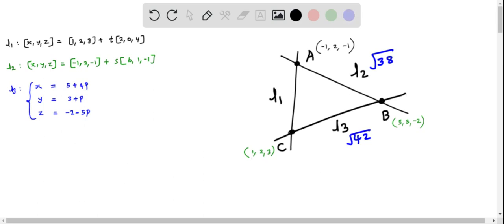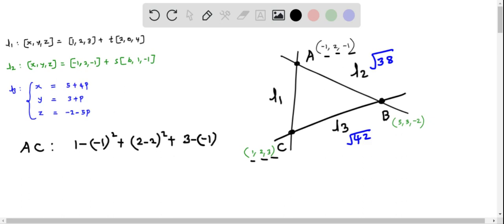Now let's determine the side length AC. AC is the distance between the points A and C. So I consider A as x1, y1, z1, and C as x2, y2, z2. Therefore the distance AC is 1 minus of minus 1 quantity square plus 2 minus 2 quantity square plus 3 minus of minus 1 quantity square, under the root.